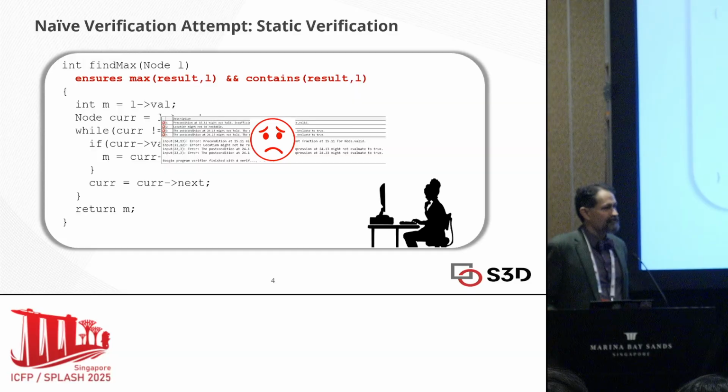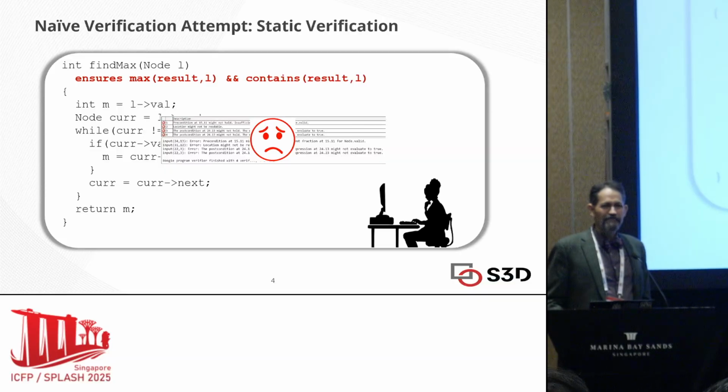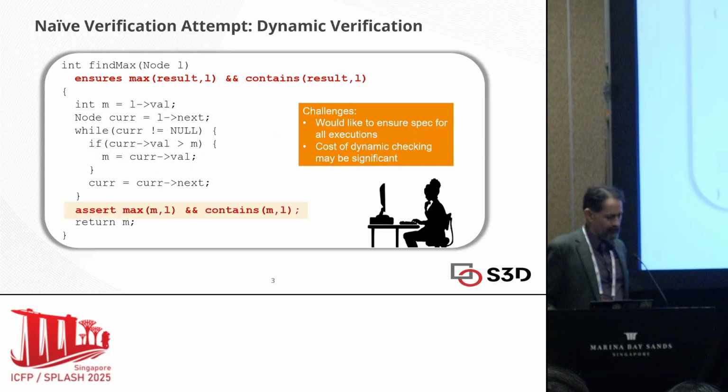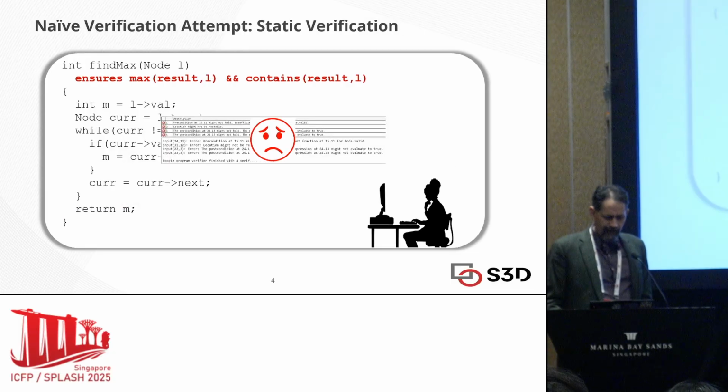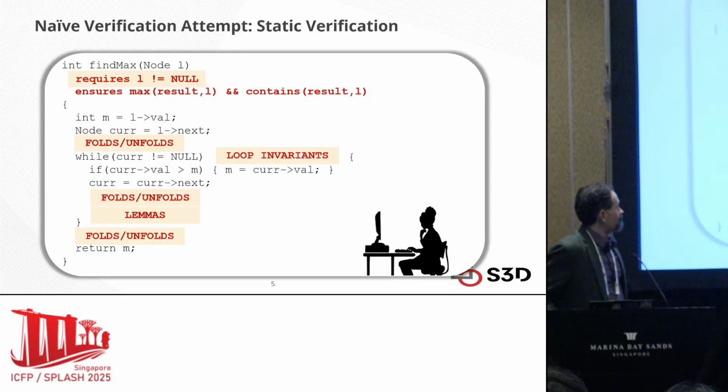So we could apply static verification instead. But of course, unfortunately, it's a little bit naive to expect that most static verifiers would just be able to verify an assertion like this, because we do this and we get a bunch of warnings, and it's reasonable that we would get those warnings because actually we have to put in a precondition, right? This code won't work unless the input list is not null.